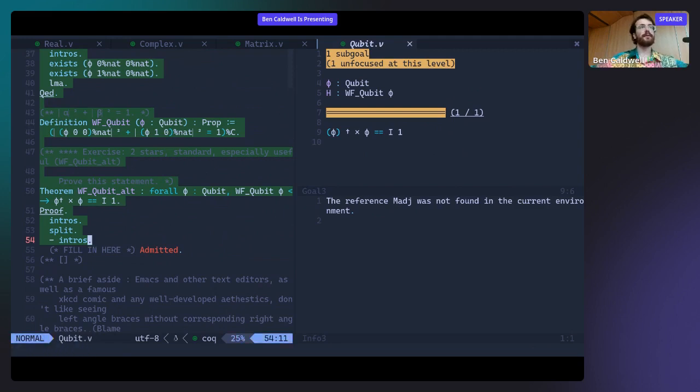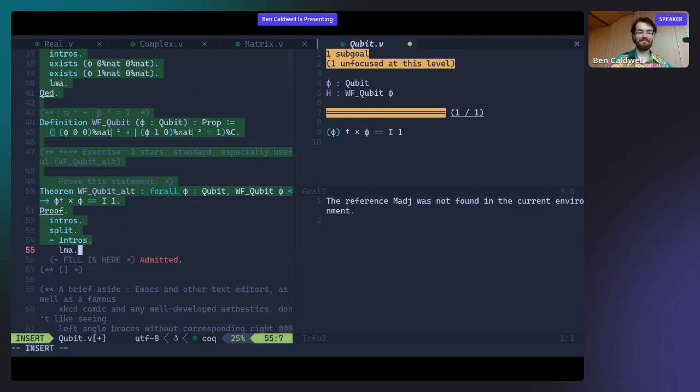Does anybody have any ideas how we might want to progress? Why doesn't the lma tactic work? You can try lma. Unfortunately, it doesn't.